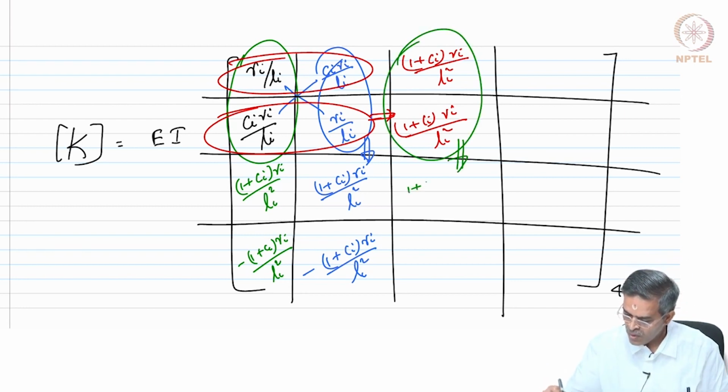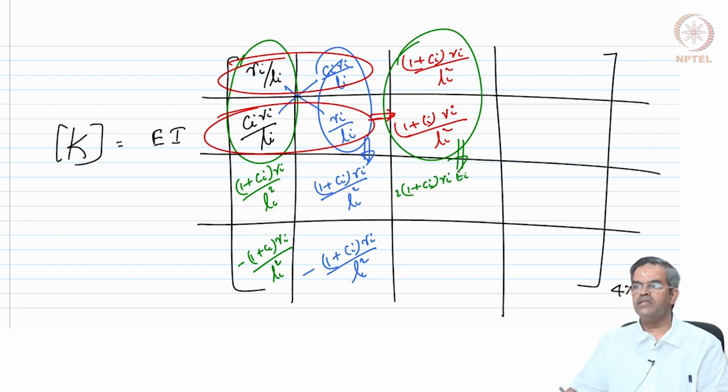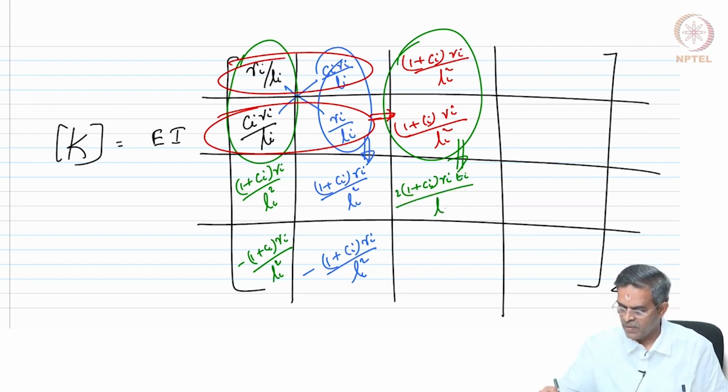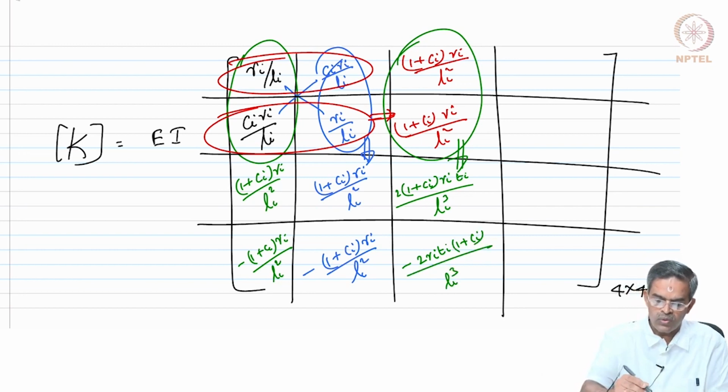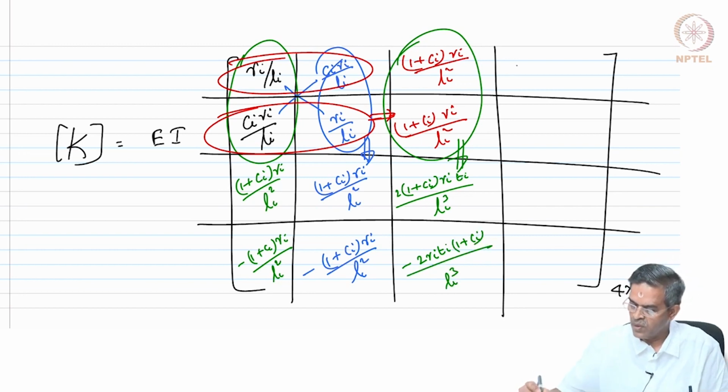So, I should say 1 plus Ci Ri twice, but I introduce a new coefficient Ti, okay, and this is minus of that. The fourth one, of course, is negative of the third one.